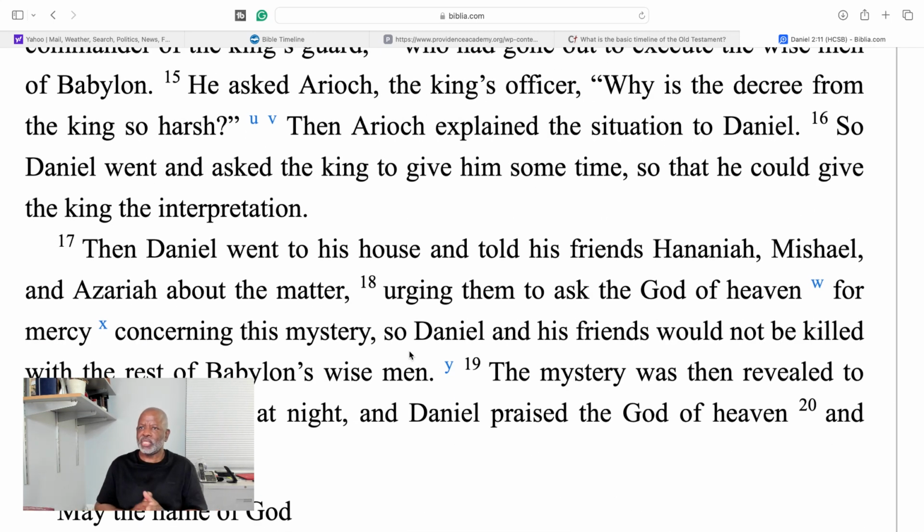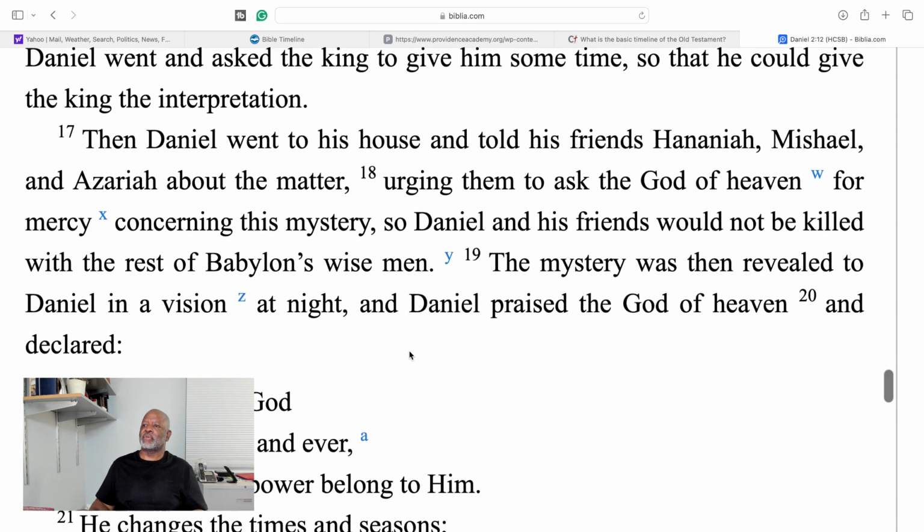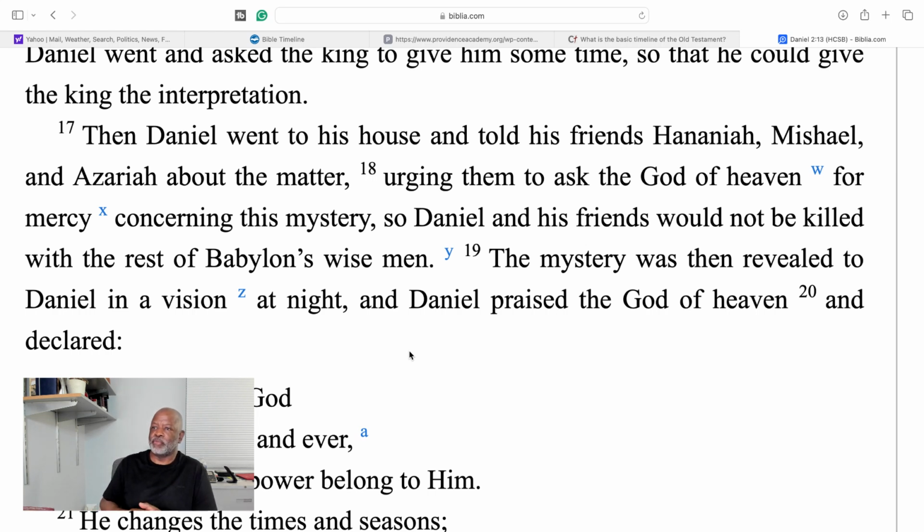So Daniel went and asked the king to give him some time so that he could give the king the interpretation. Then Daniel went to his house and told his friends, Hananiah, Mishael, and Azariah about the matter, urging them to ask the God of heaven for mercy concerning this mystery, so Daniel and his friends would not be killed with the rest of the Babylonian wise men.